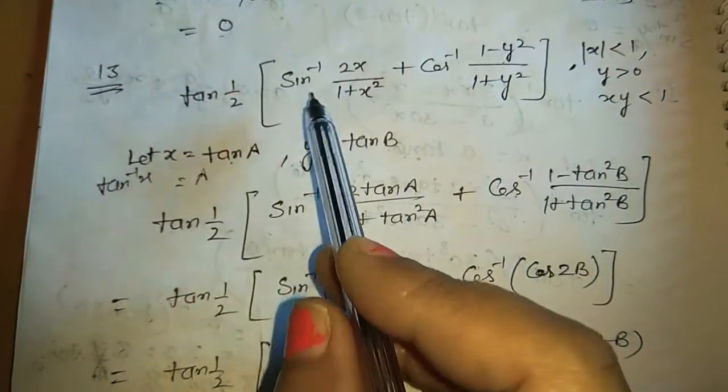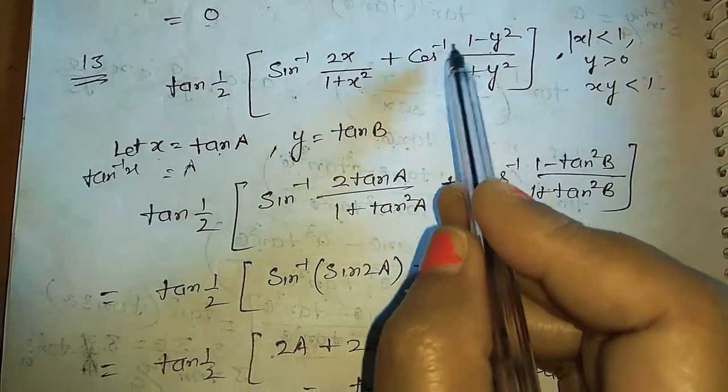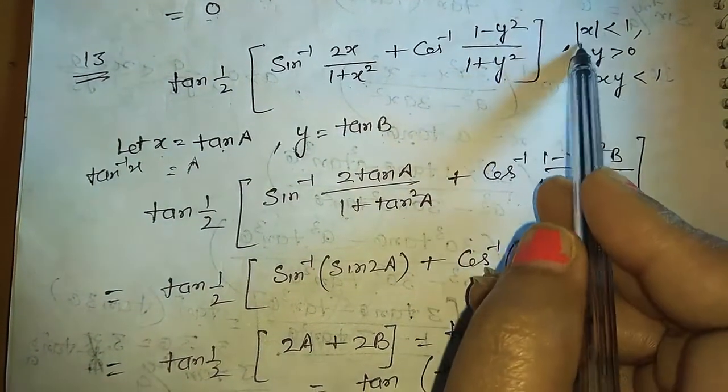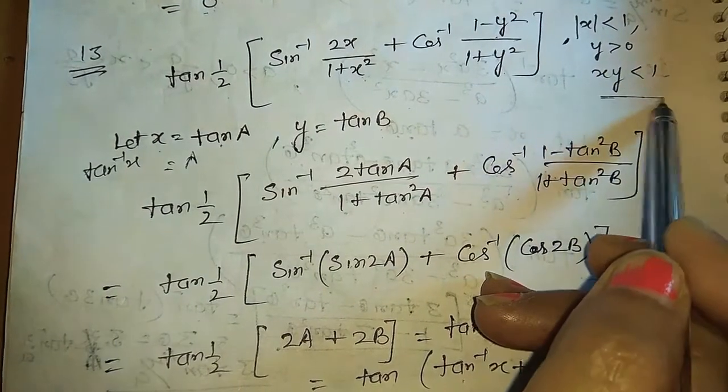Now come to the next, 13th question. Tan of 1 by 2 of (sine inverse 2x upon 1 plus x square plus cos inverse 1 minus y square upon 1 plus y square). Here mod x is less than 1, y is greater than 0, xy is less than 1. This is the domain.